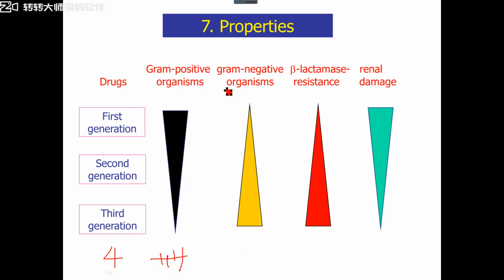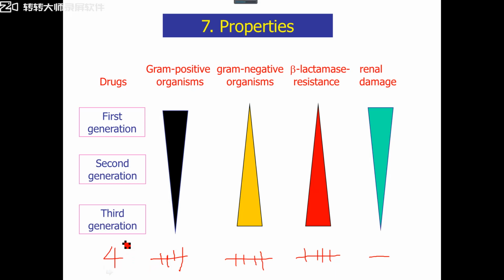And also can kill gram negative, very powerful, more powerful than the third generation. Drug resistance is very strong, higher than any other drugs. Renal damage, no this adverse reaction.